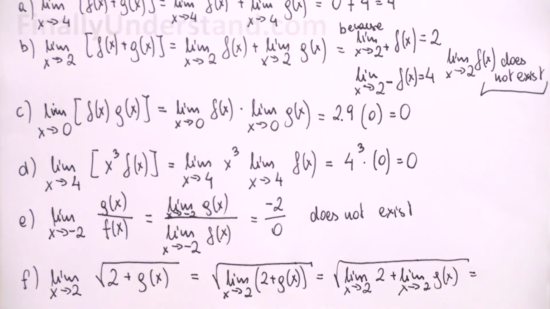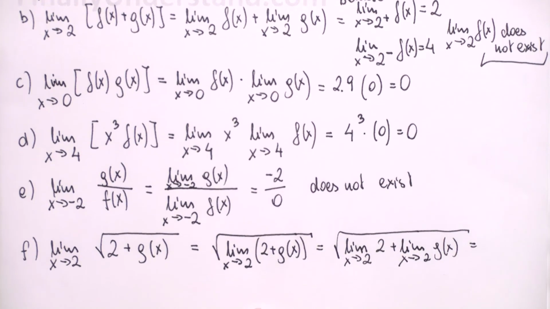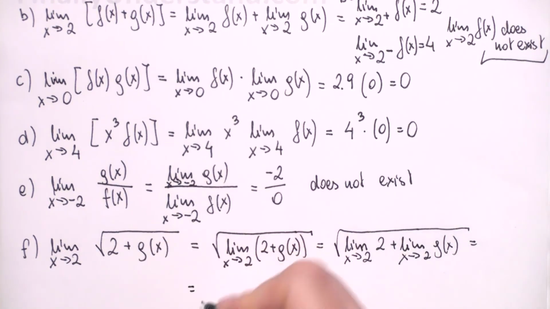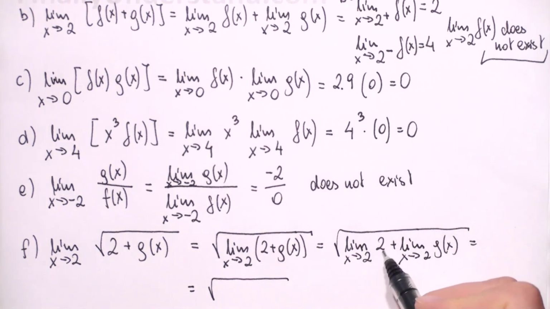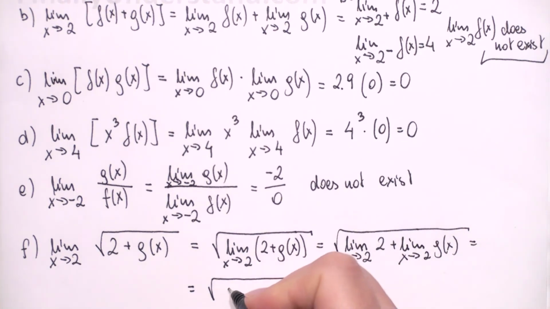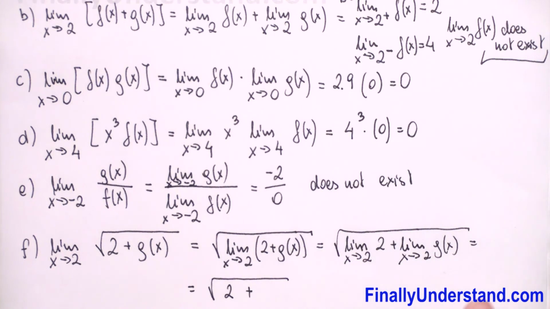So this is equal to the limit as x approaches 2 of 2. 2 is a constant, so the limit is 2, and we have plus.